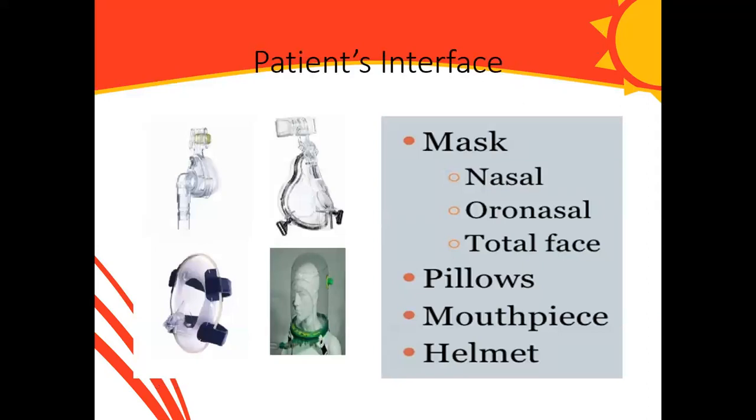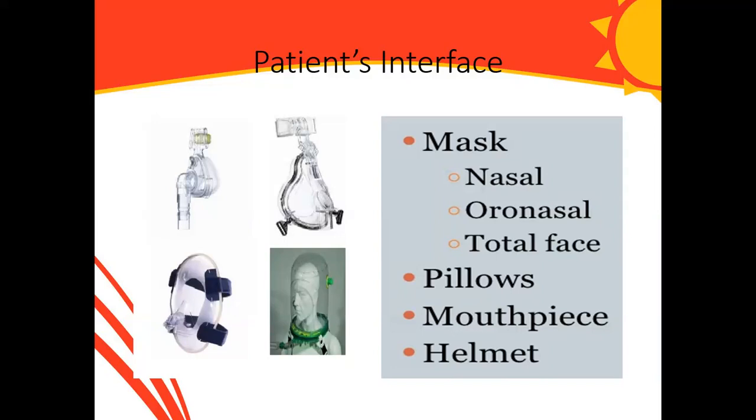Now, the patient's interface. Since we said that this is delivery of positive pressure ventilation without endotracheal intubation or tracheostomy, we have different types of patient interface that are helpful in patients being given non-invasive ventilation. So mask, a lot of times oral nasal mask is the best. All right, you can see them at the left side of the slide.